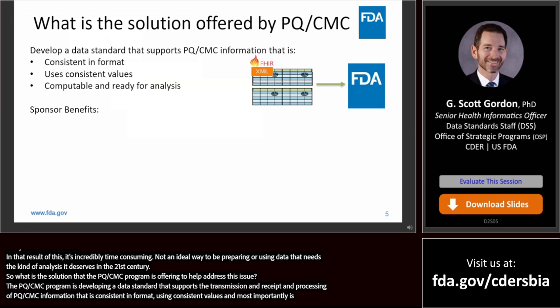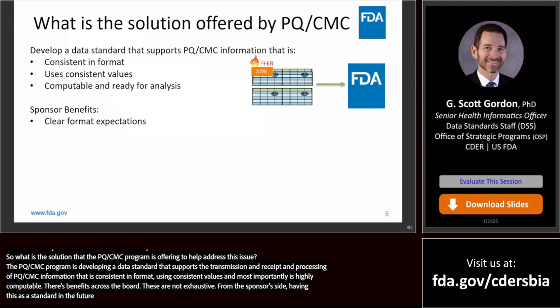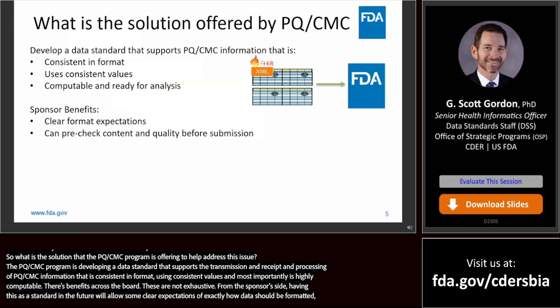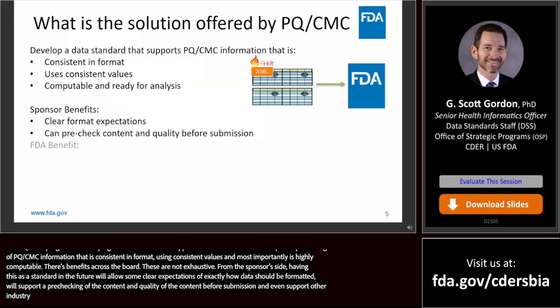There's benefits across the board, and these are not exhaustive. From the sponsor side, having this as a standard in the future will allow some clear expectations of exactly how data should be formatted, will actually support a pre-checking of the content and the quality of the content before submission, and even support other industry-side data analytics.